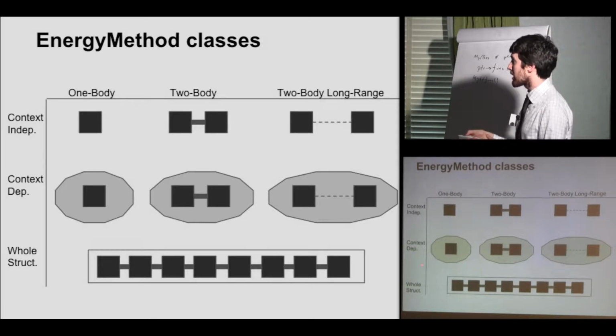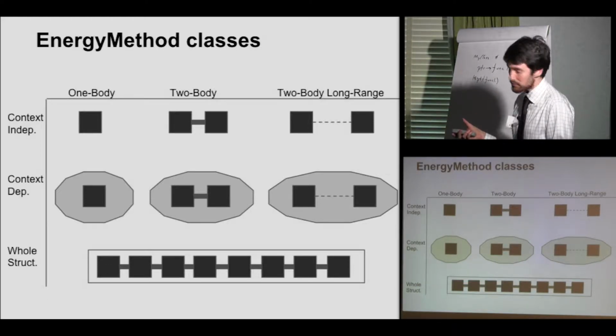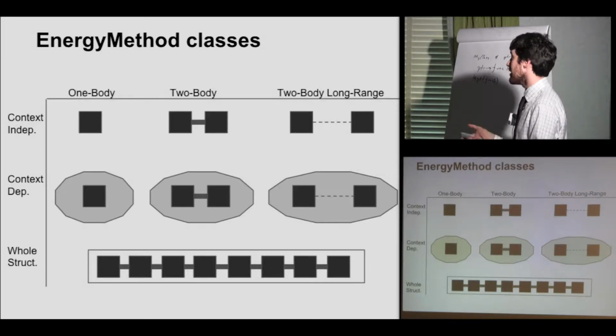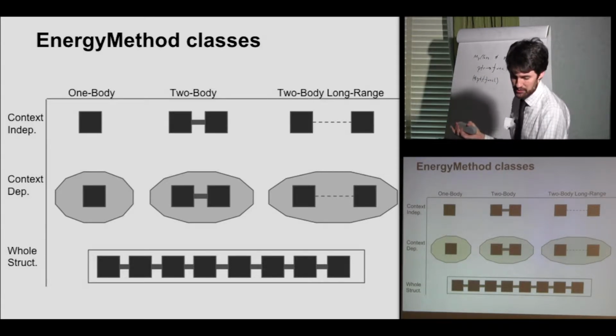And then there's one-body, two-body, and two-body long range that have context around them. Depending on what type of energy method it is, it tells when the score term needs to be updated as the conformation is changing. And then there are whole structure scores that can look at all the different residues. In general, if you're writing a score term, you would want to find the simplest, smallest version of it, so that it can be updated as efficiently as possible.